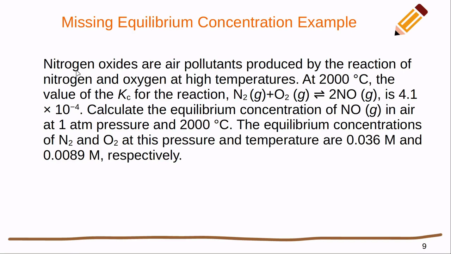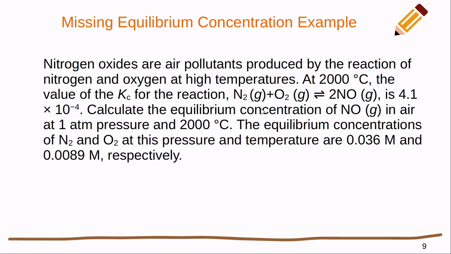So let's parse through this again real carefully here. So nitrogen oxides are air pollutants produced by the reaction of nitrogen and oxygen at high temperatures. At 2000 degrees Celsius, the value of Kc for this reaction, where we have nitrogen gas plus oxygen going to 2 nitrogen oxide, is 4.1 times 10 to the negative 4. So this is my Kc.